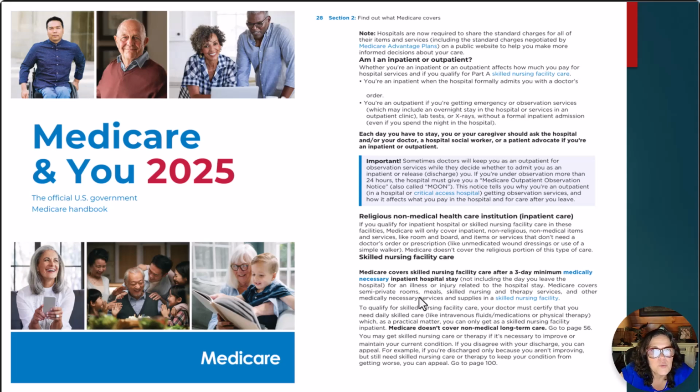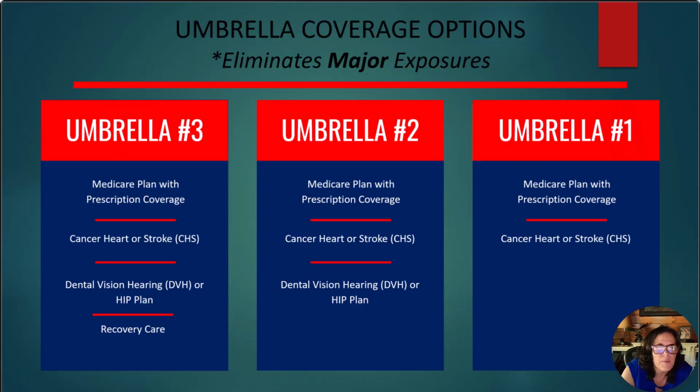So really, you're not covered for everything, and sometimes you want to go into the skilled facility before the 3-day minimum. Sometimes you're in there and you're not approved by Medicare for those. And these are out-of-pocket exposures that we can help you with by adding what we are calling our umbrella policies.